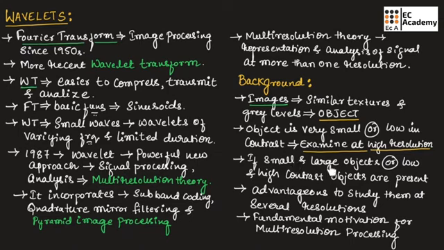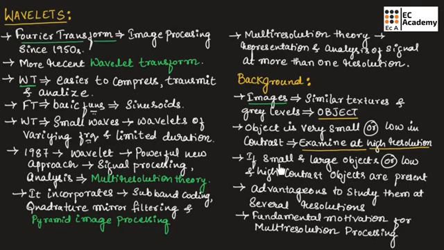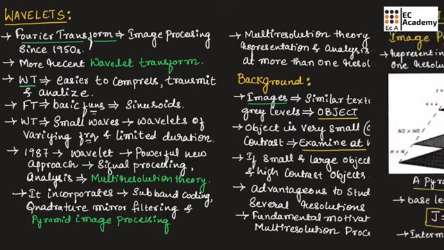If both small and large objects or low and high contrast objects are present, then it can be advantageous to study them at several resolutions. This is the fundamental motivation for multi-resolution processing.